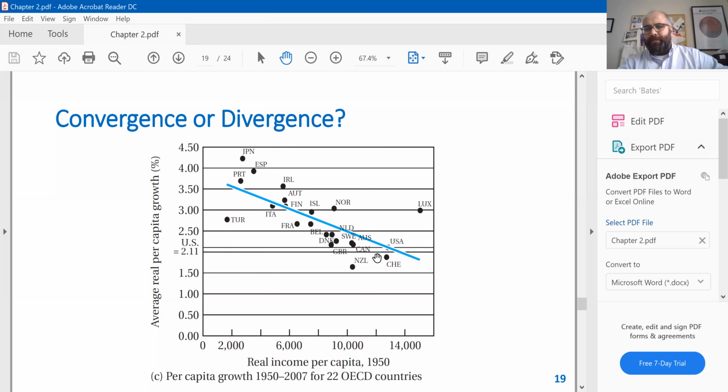Now, this idea is called conditional convergence, which basically says that countries converge if they are similar. Similar in what respects? Well, similar in saving rates, similar in population growth rates, similar in initial per capita income levels, similar in other respects that affect the growth process in the economy.